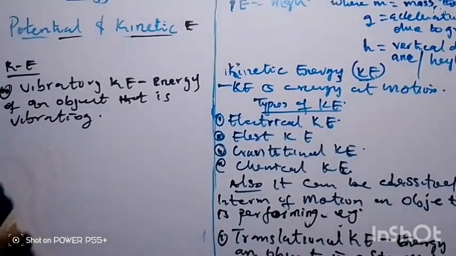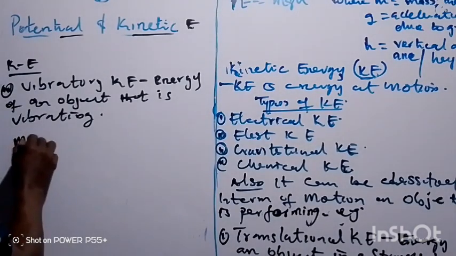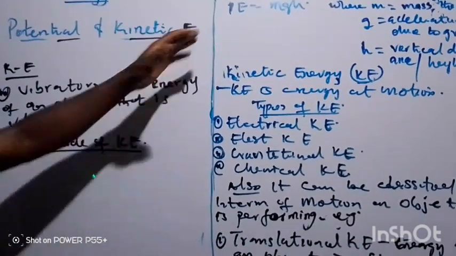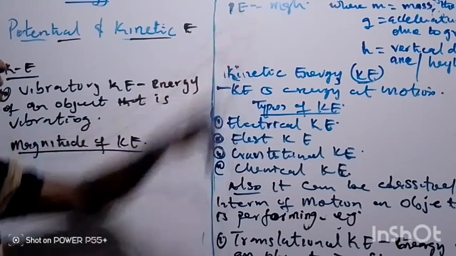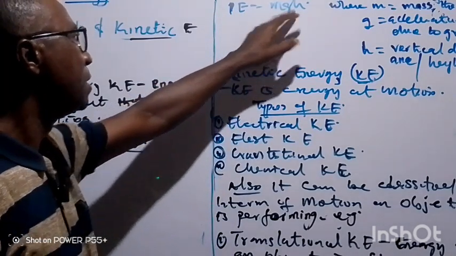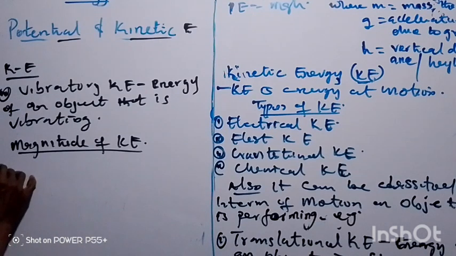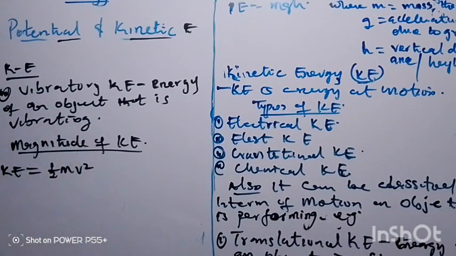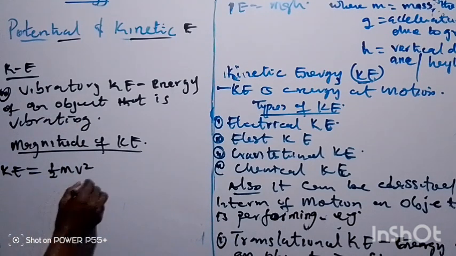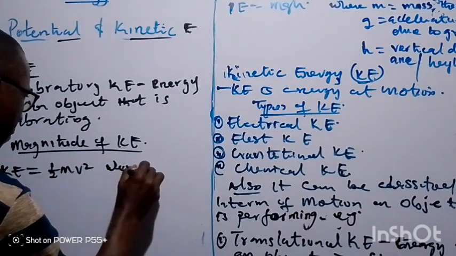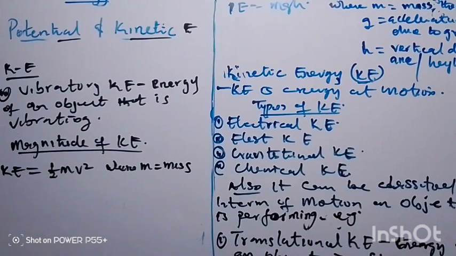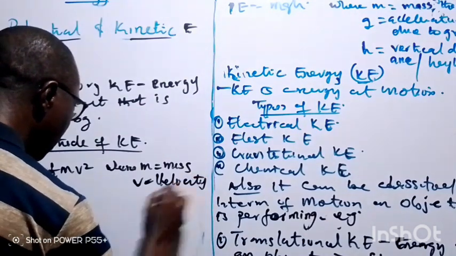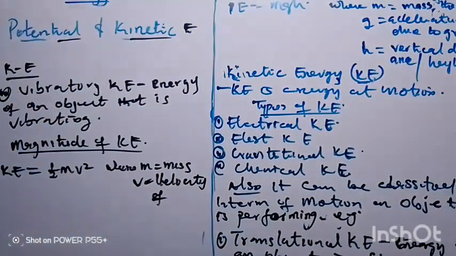Next is the magnitude of KE. In the case of potential energy, the magnitude is mgh, then the magnitude of kinetic energy is given as half mv squared, where m is equal to the mass of the body, v is the velocity or speed at which the object is moving.